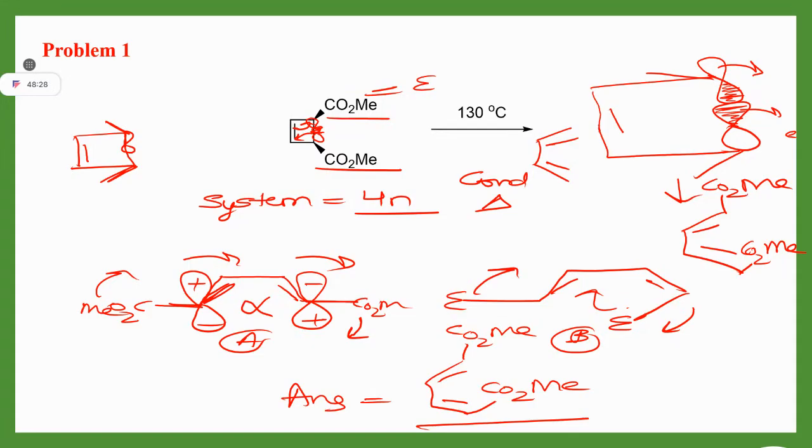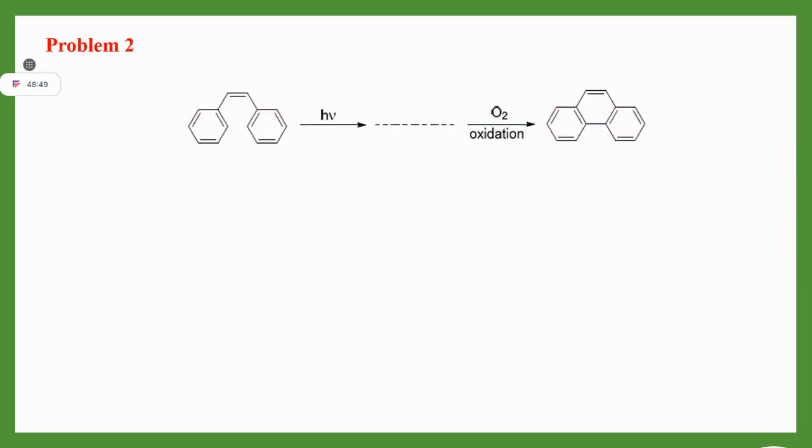Basically, in conclusion, if they are on the same side, I will say cis in starting, they will be on the same side in product also. They can't be opposite. Both will go upward only. Correct? I hope I'm clear to all of you.